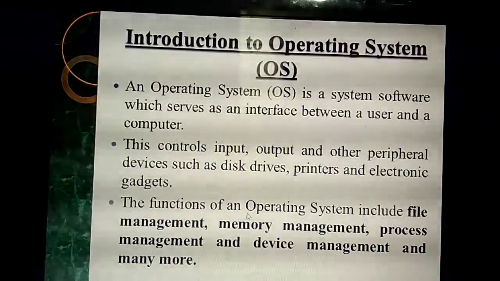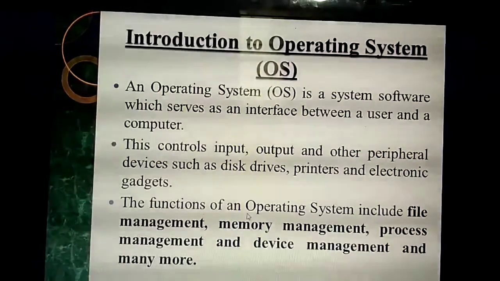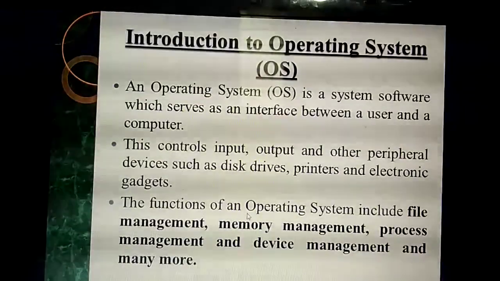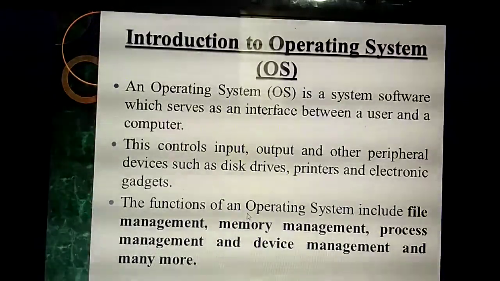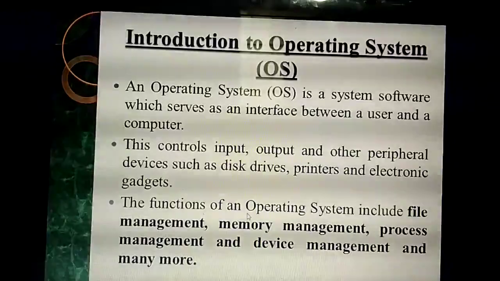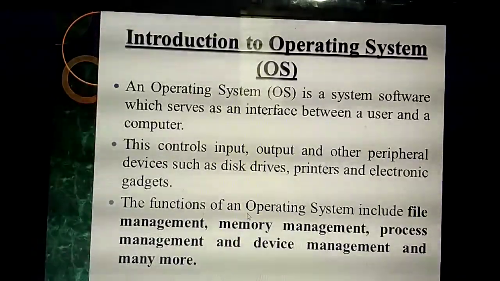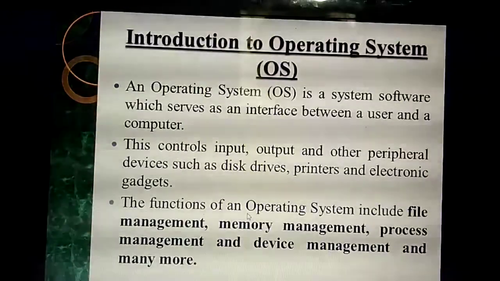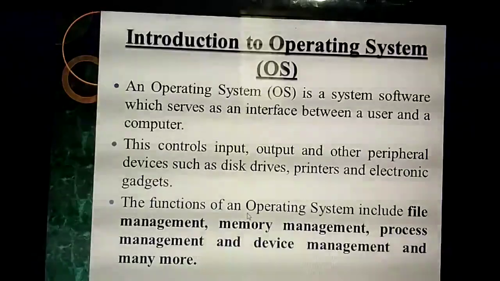For example, school, separate management. Engineering college, separate management. Arts and science, separate. CBSE separate, medical separate, isn't it? Likewise, each and everything has a separate management process. Okay, so that management is done by whom? This operating system. Understand now?